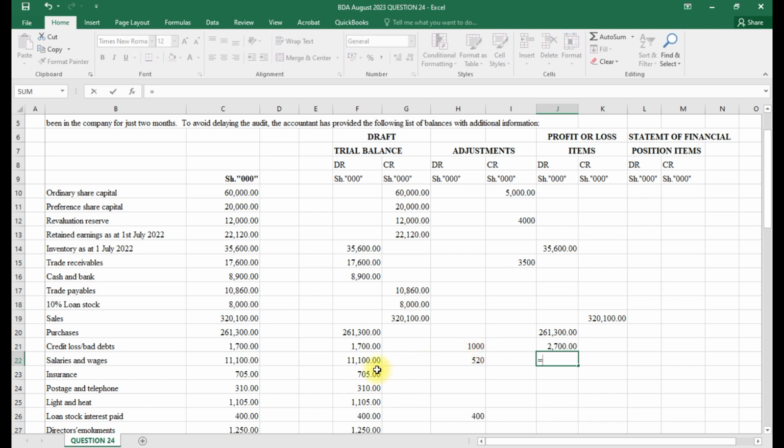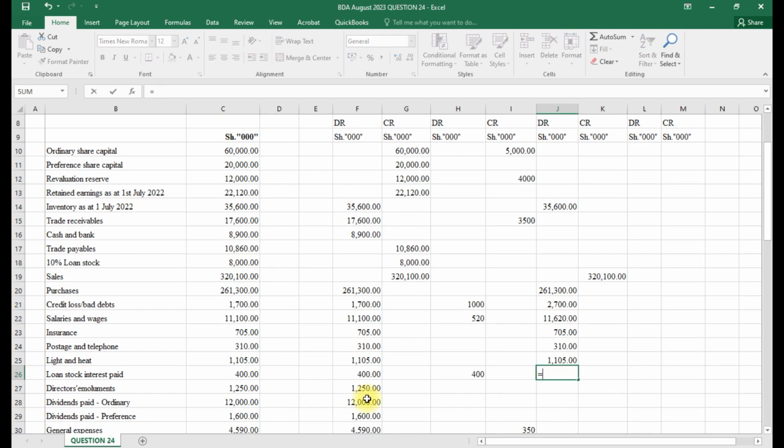So salaries, we shall have this value, and we add the adjustment for salary. So this one was on the debit, we were including it. Then the insurance, this value. Then postage, then light and heat, then loan stock interest. So we shall add both plus the adjustment.